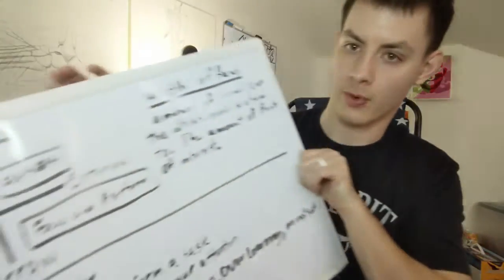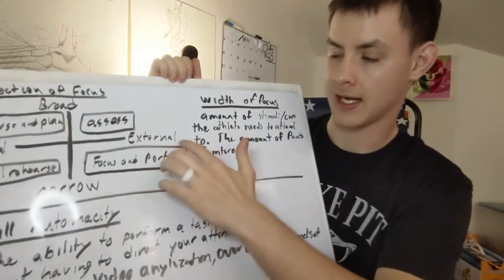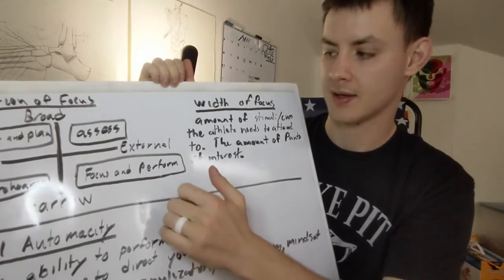But you don't really necessarily think of the automaticity of performing that skill. So being able to focus on external things and having fewer data points, hence the focus and perform, having a narrow and external focus.